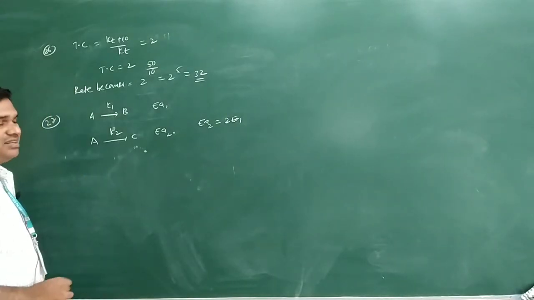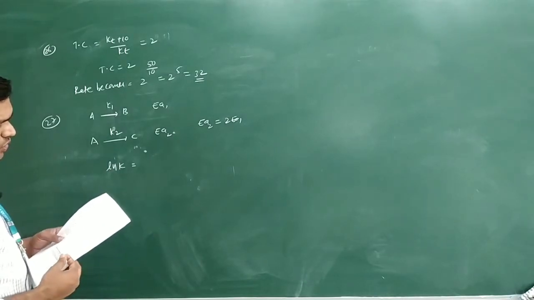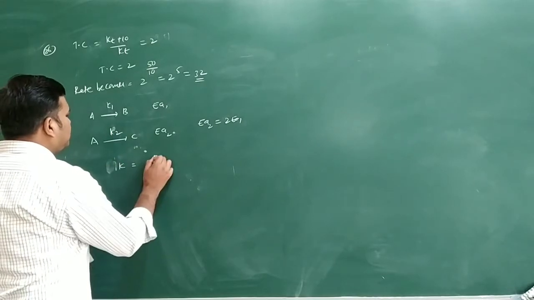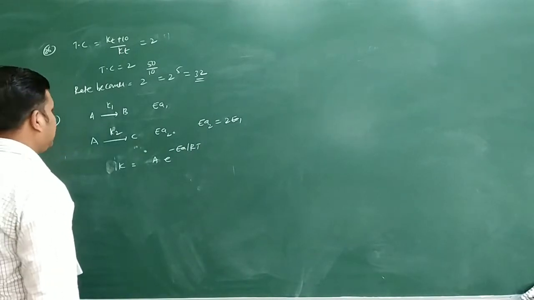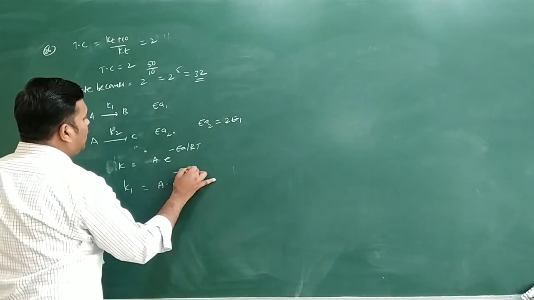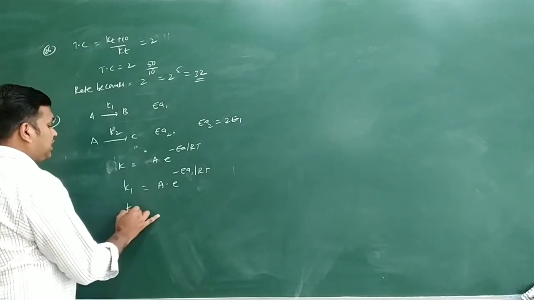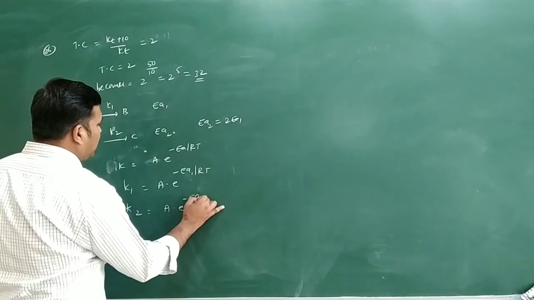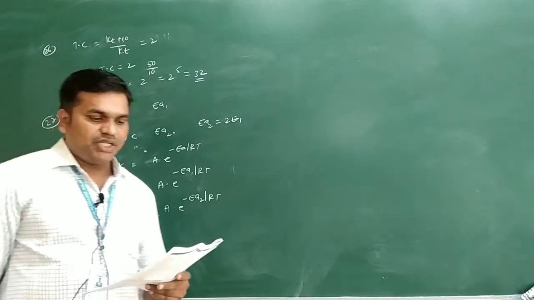For this we can use the Arrhenius equation. You can write K is equal to A into e power minus EA by RT. First, this is K1, that is equal to A into e power minus EA1 by RT. If you want to write K2, this is K2 is equal to A into e power minus EA2 by RT.